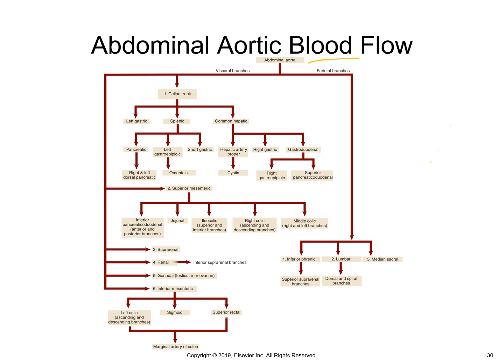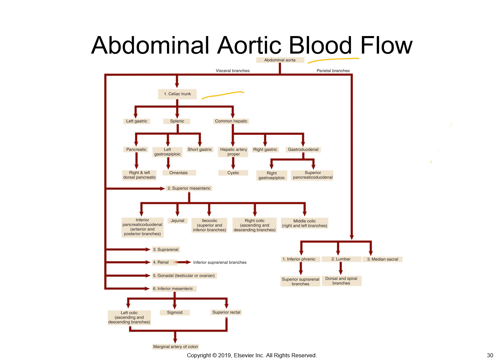All right, so the abdominal aorta again gives rise to three major unpaired arteries and several paired arteries. The unpaired visceral branches that supply our digestive organs start with the celiac trunk that you see right here.